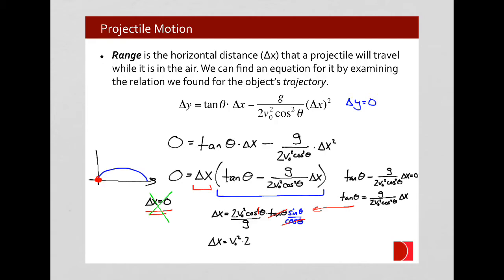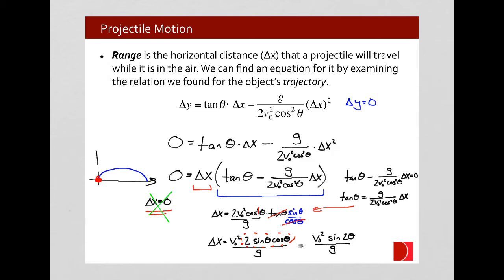You'll see in just a second. It doesn't matter what order we do our multiplication in. The reason why we did that is because this term is a trigonometric identity that equals sine of 2 theta.